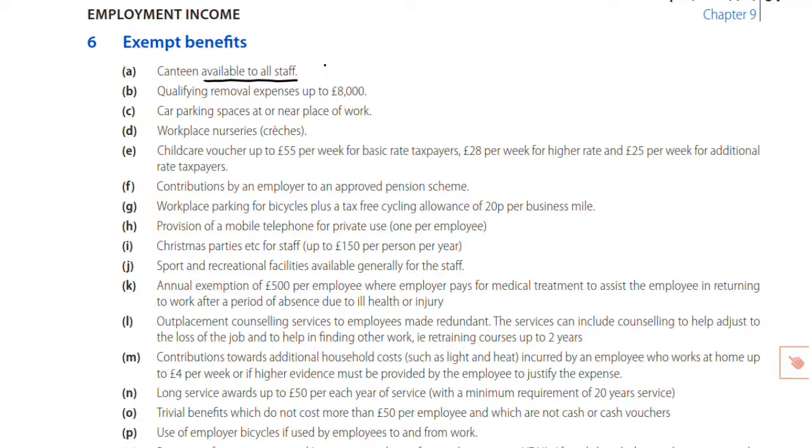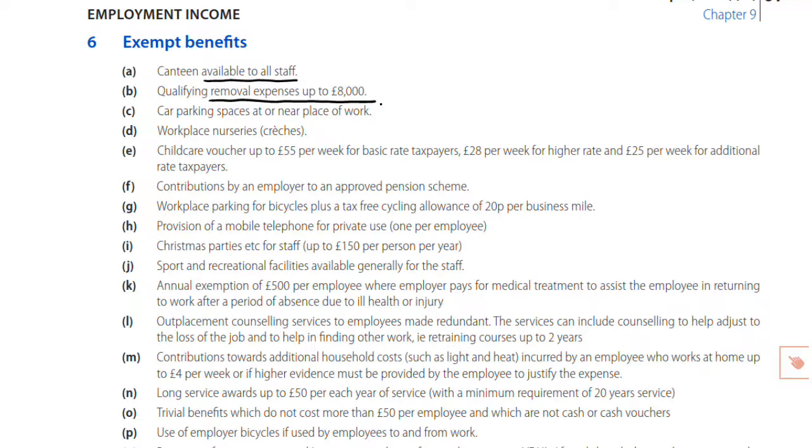You might have to move with the job. You've done such a good job where you are, they want you to go somewhere else and move locations. Well, qualifying removal expenses up to £8,000 can be reimbursed by the employer, and that would be an exempt benefit.